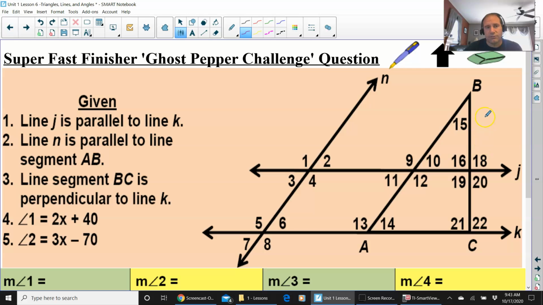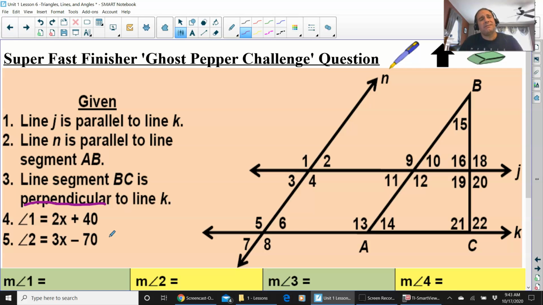Line segment BC is perpendicular to line K. Do you remember what perpendicular means? Perpendicular lines form what type of angle? If you said 90-degree angles, you are correct. They form 90-degree angles.